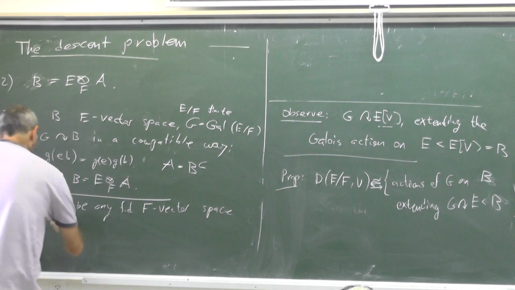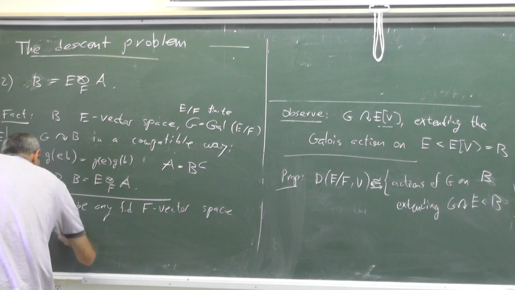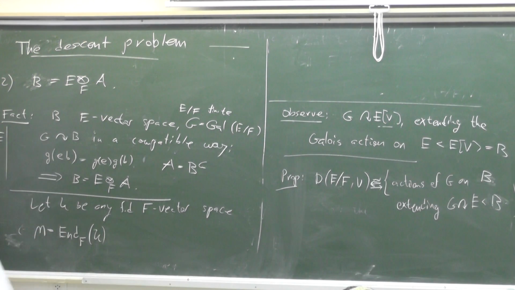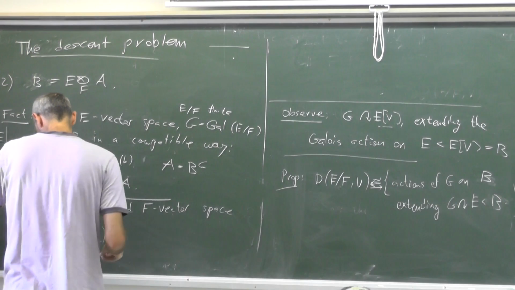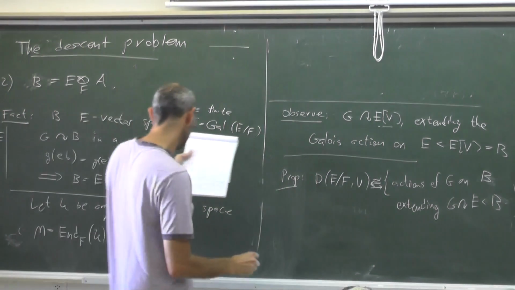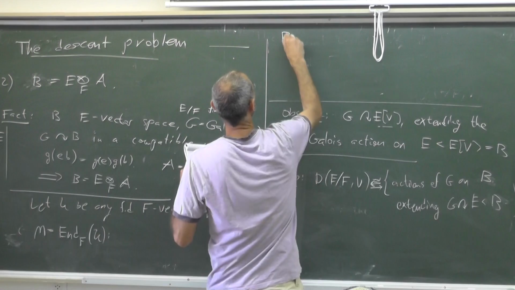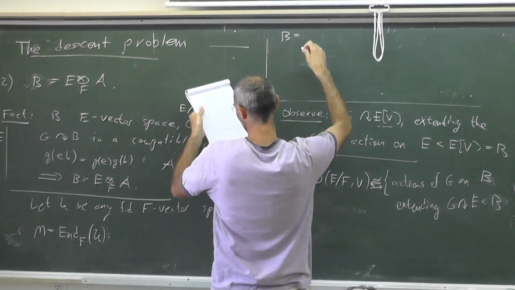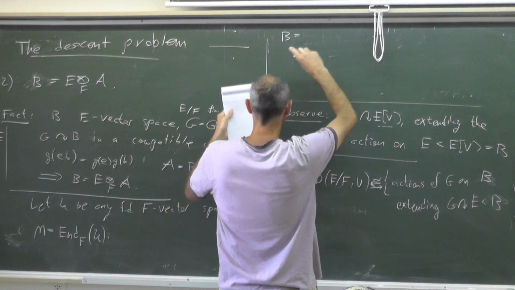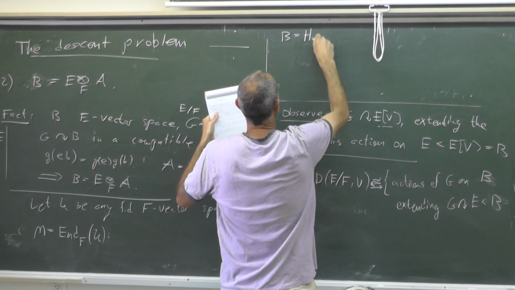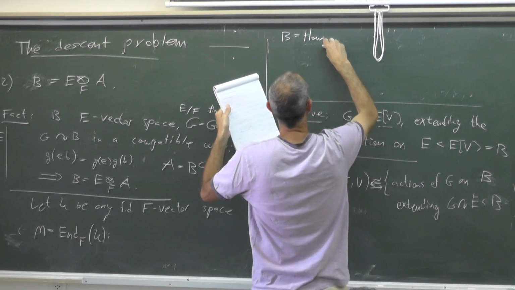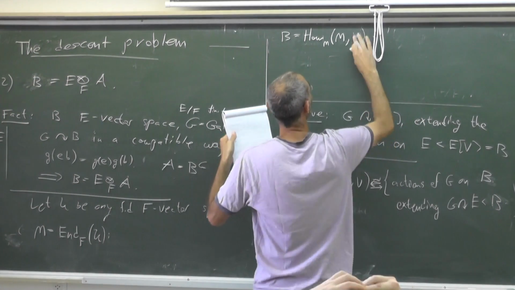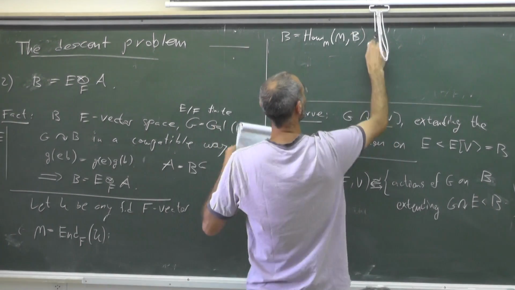And M, let it be the endomorphism of U as an F vector space. Then I claim that B, this is a general fact about E vector spaces, in complete generality. This has nothing to do with the Galois action. Hom M. And this, tell me that you agree with this.